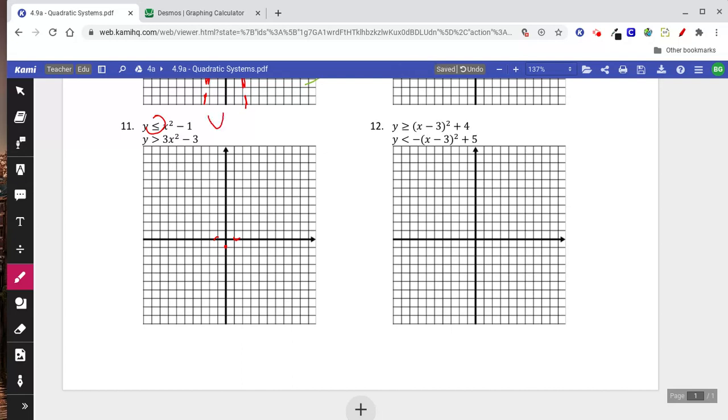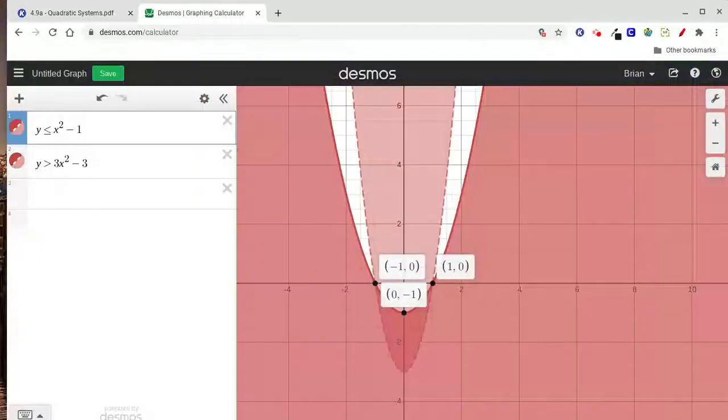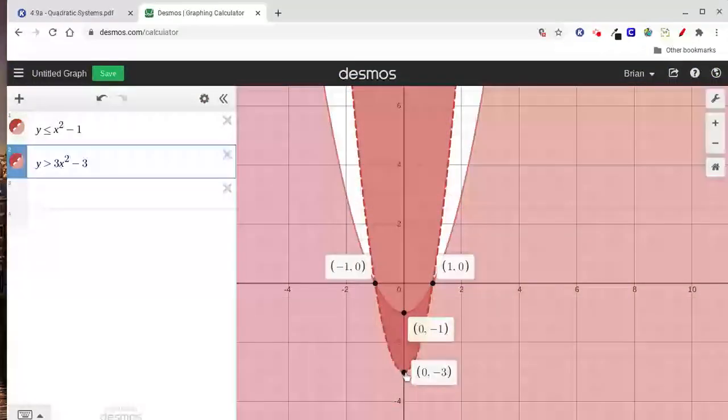It's got a 1, 3, 5 pattern, so I can go 3. I could go up 5 if I wanted. But I've got a pretty good idea of what that looks like right there. Solid, and I'm going to shade down. Now the other one has a vertex at (0, -3), and it hits those same 2 points right there.